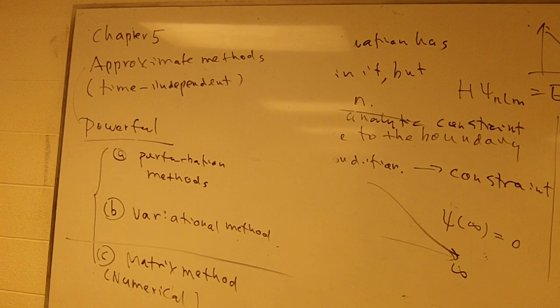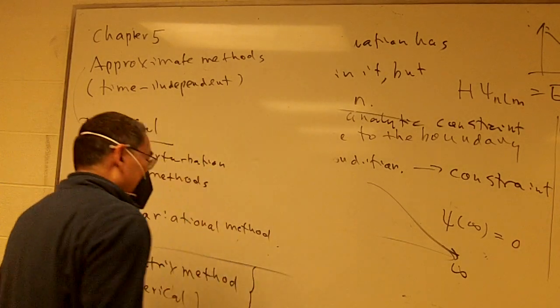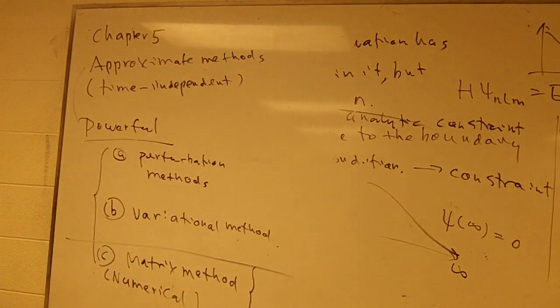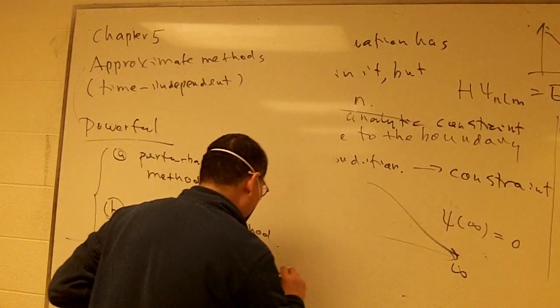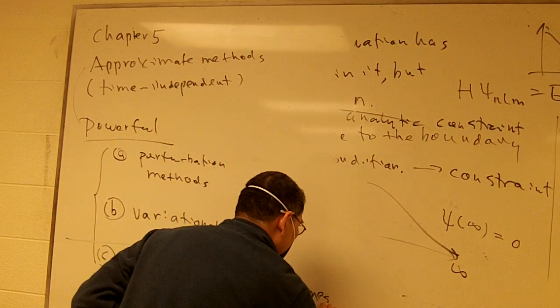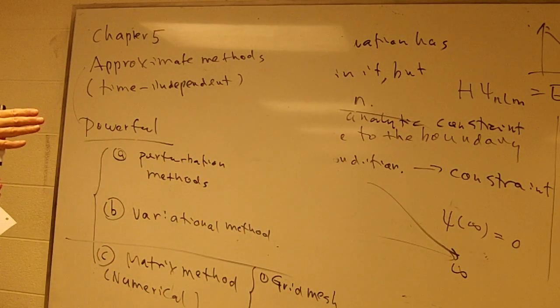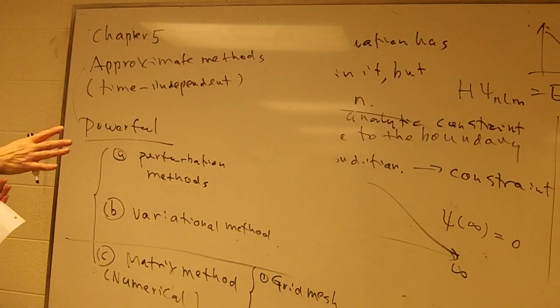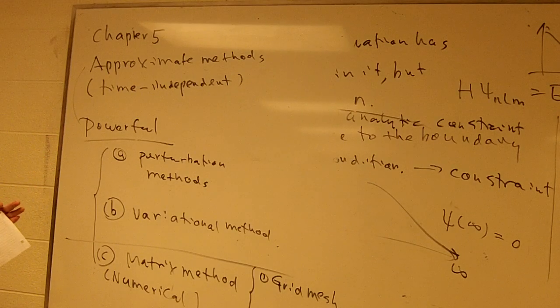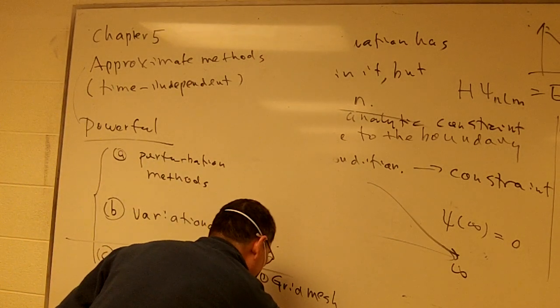Essentially, we will use 2 different ways to set up a matrix. One is the one which we already did, called grid points, grid mesh. Essentially, you separate the continuum of the radius or whatever angle you have and make it discretized. So that's grid mesh. The second is the basis functions.